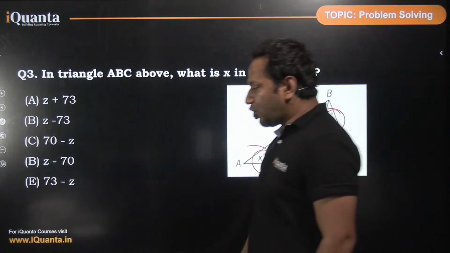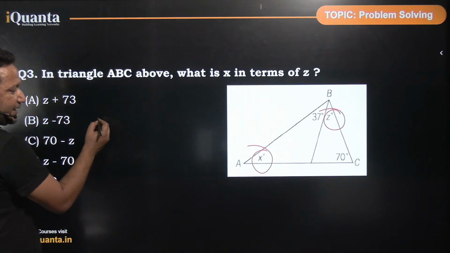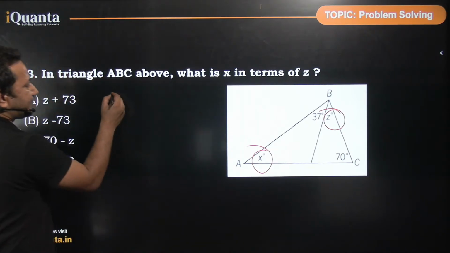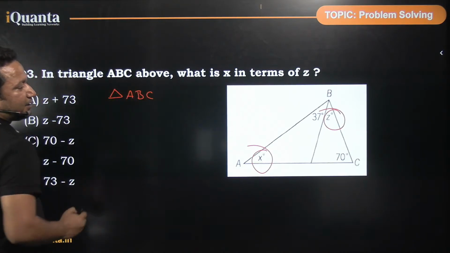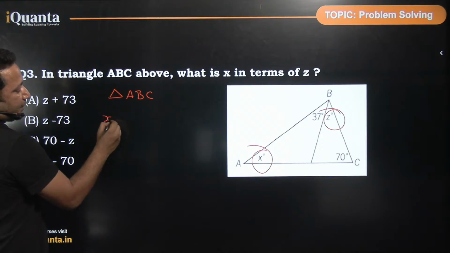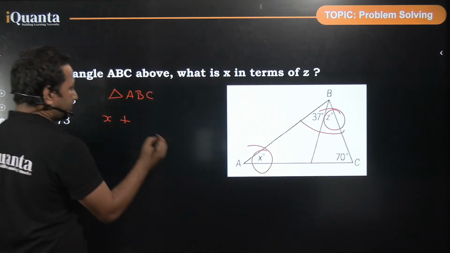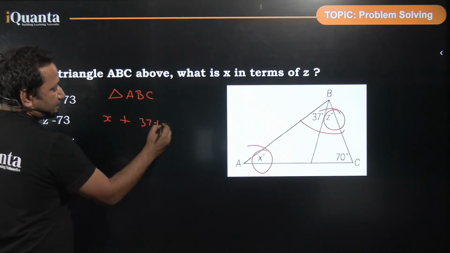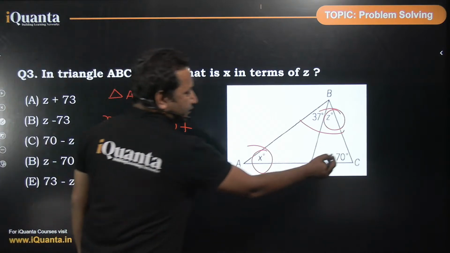Well, all of us know that the sum of the angles of a triangle is 180 degrees. If we talk about triangle ABC, angle A is x, angle B, this total angle is 37 plus z, and this one is 70.